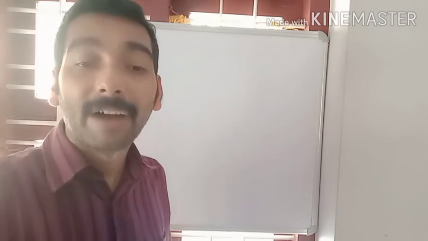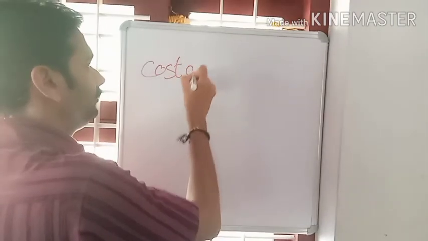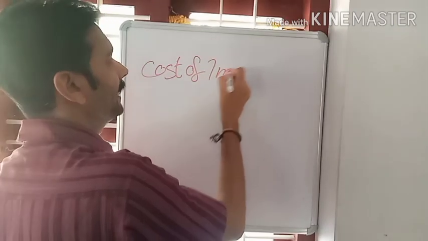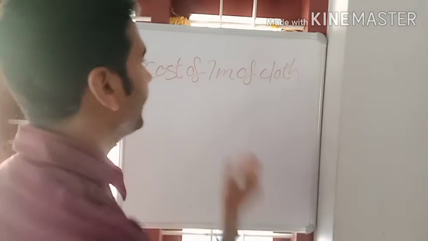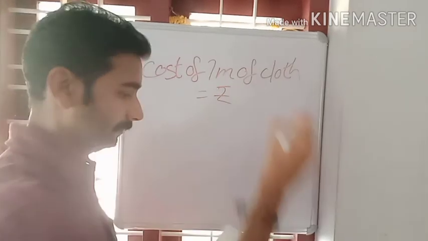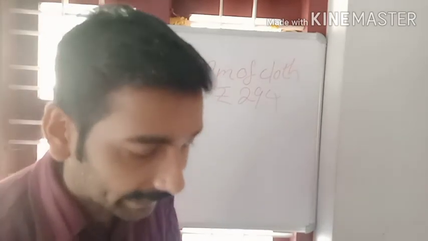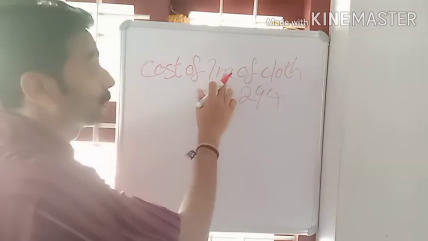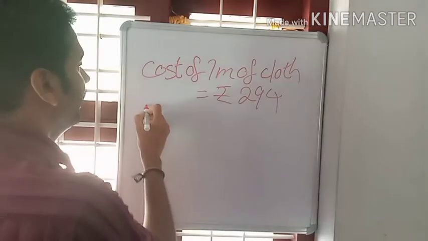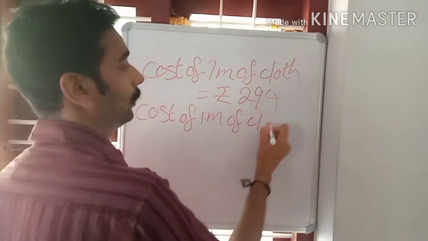First, the cost of 7 meter of cloth is rupees 294. We find the cost of 5 meter of cloth. First we find the cost of 1 meter of cloth.